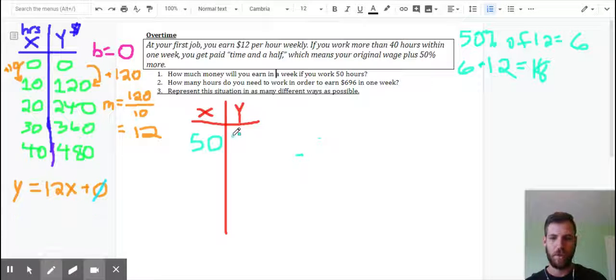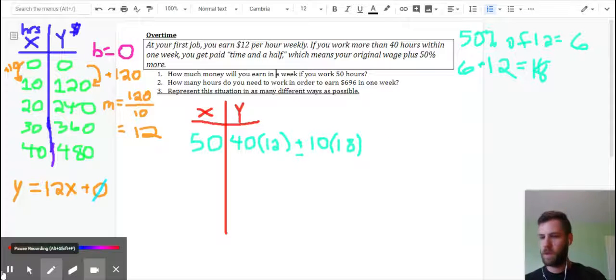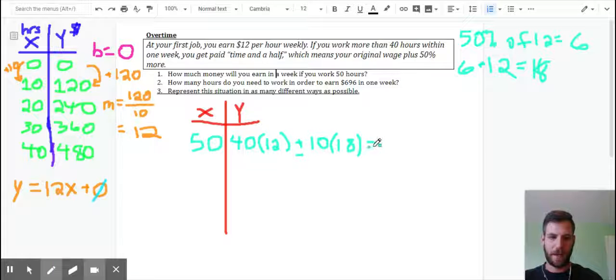So I could do 40 hours times $12 per hour, which is the 480 I had before, and then 10 more hours being multiplied by $18 per hour, which gives me a total of $660.